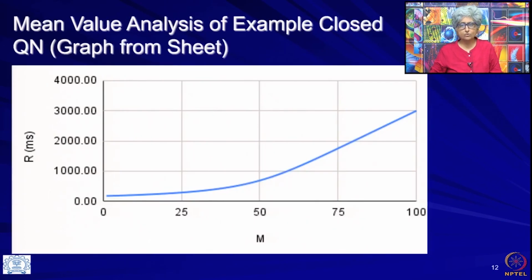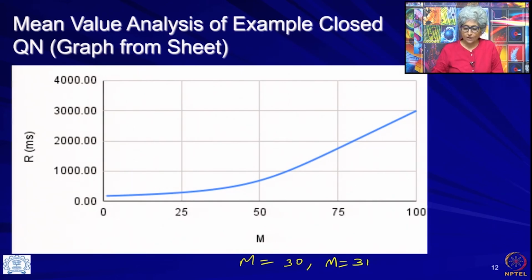This concludes the example of doing mean value analysis on the example queuing network. You can look at the sheet, and also try it by hand a little bit to see whether you get the same values as the sheet. One exercise is to start with the values at m equal to 30, derive the values at m equal to 31, and check whether they are the same as those in the spreadsheet.